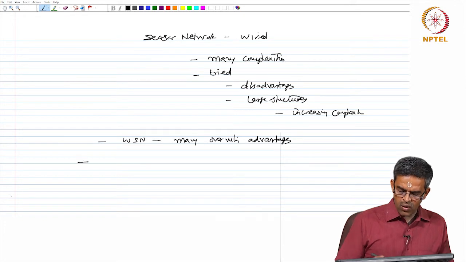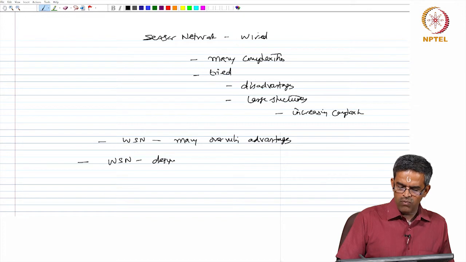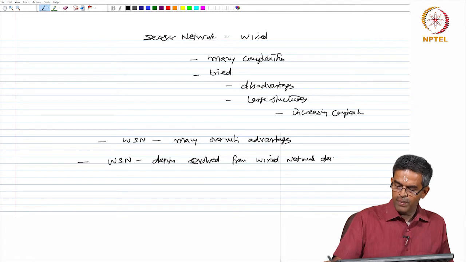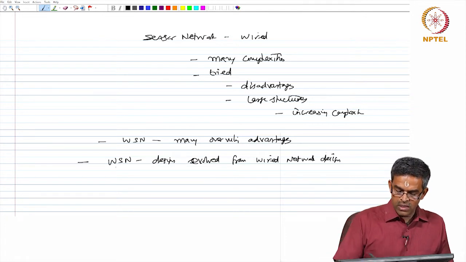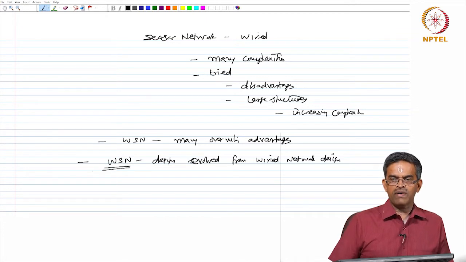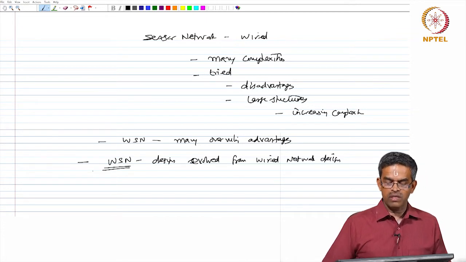We will now see how this wireless sensor networking design slowly evolved from the wired design, which component was replaced, and how wireless sensor networking became very popular and effective in comparison to wired networking.